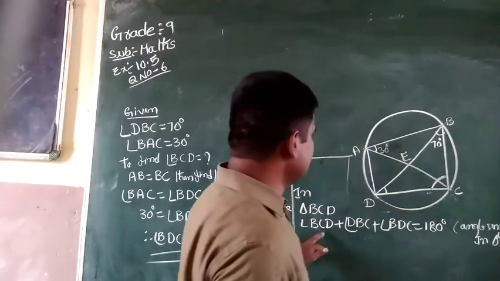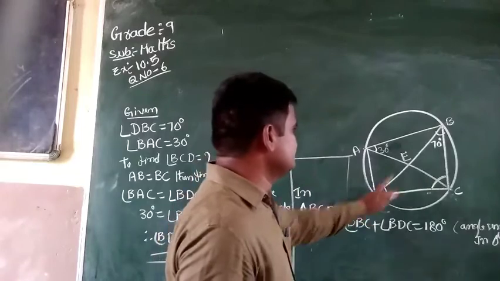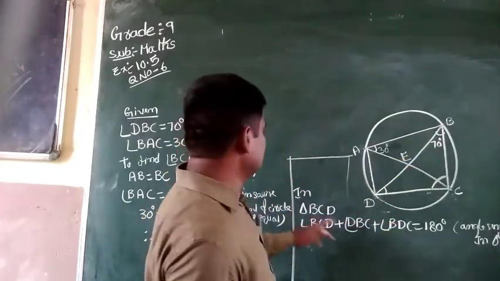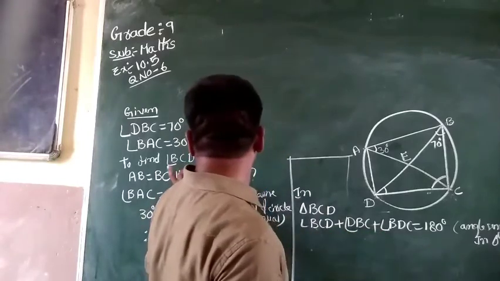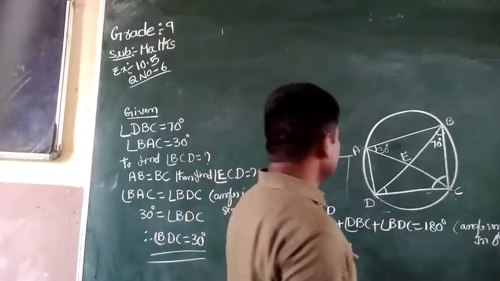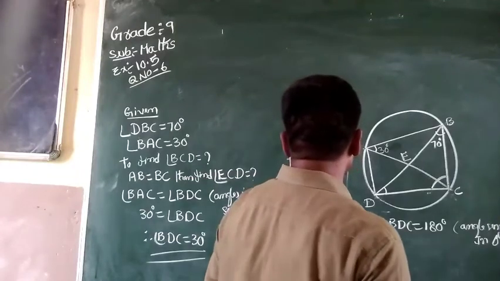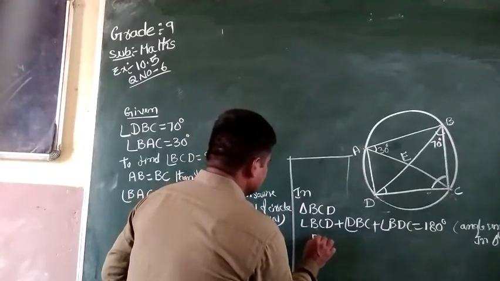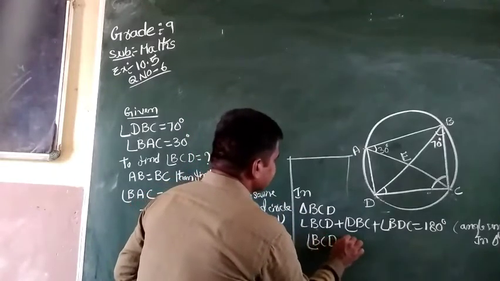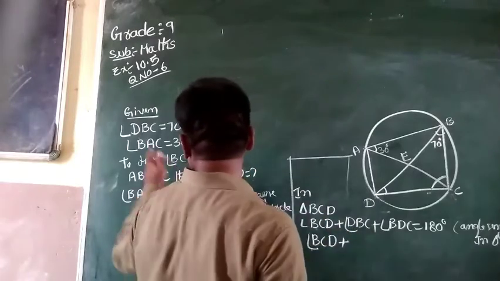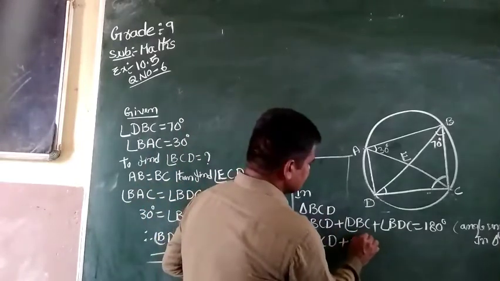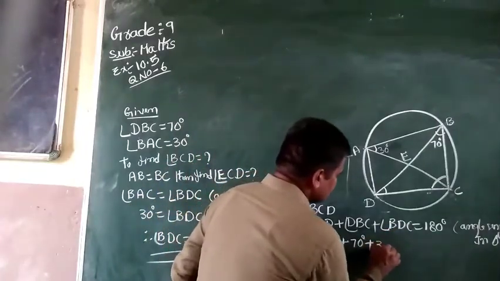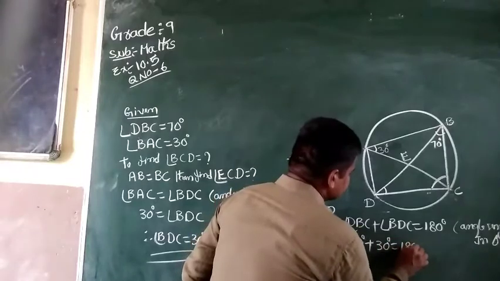So here BCD, this angle, DBC, this angle, and BDC. We need to find the angle BCD. I don't know this value, so you have to write angle BCD plus angle DBC, this is 70 degrees, plus angle BDC equal to 30 degrees, equal to 180 degrees.